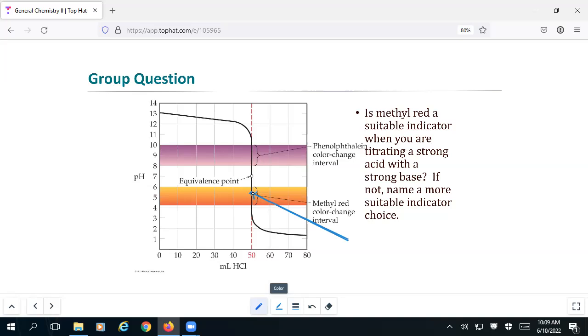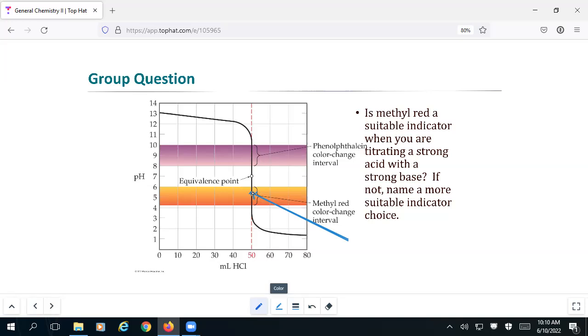And it's for that same reason that if we flip this around and we were doing a hydrochloric acid in sodium hydroxide kind of titration, like what you did in Chem 105, phenolphthalein would be just as suitable for the exact same reasons. And that's why we didn't give you a different indicator.